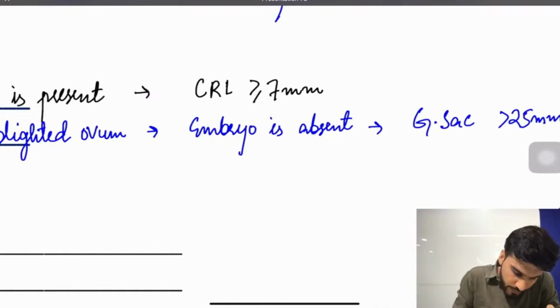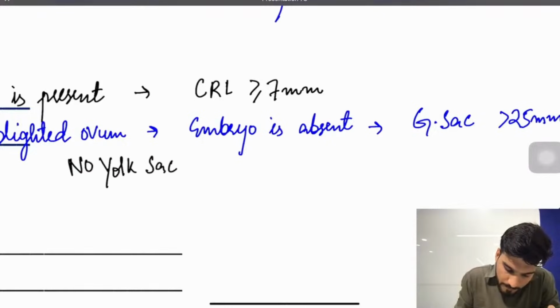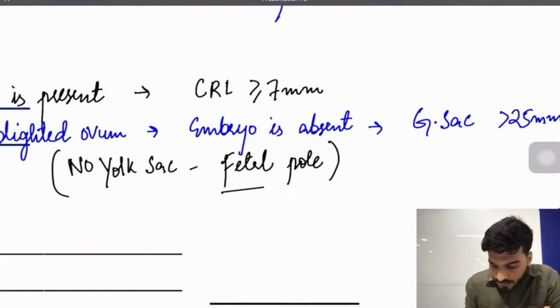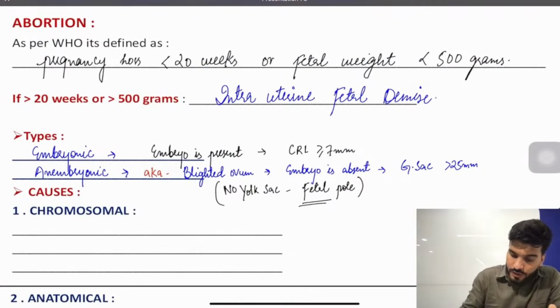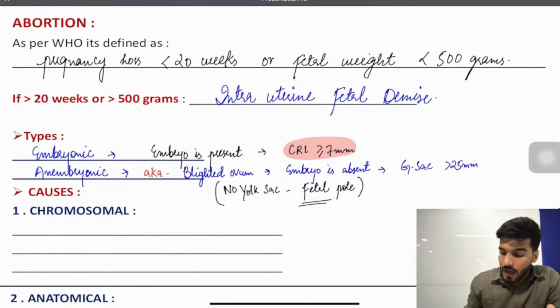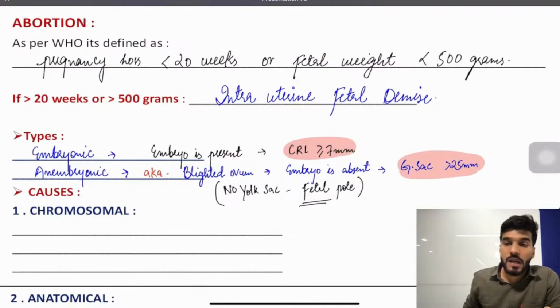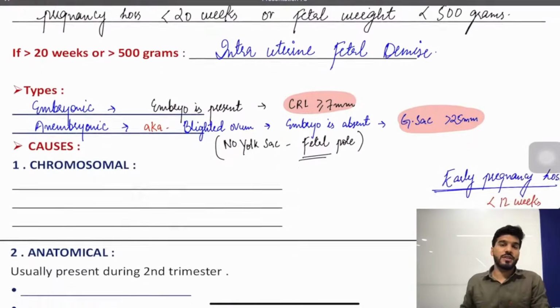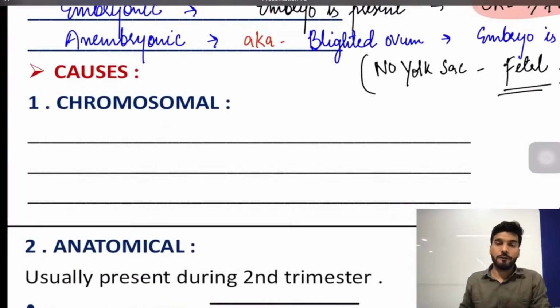But the main two features you will remember: there is no yolk sac and no fetal pole. So embryonic abortion has crown rump length more than or equal to 7 mm, and anembryonic has no embryo, no yolk sac, no fetal pole, and the gestational sac is more than 25 mm.